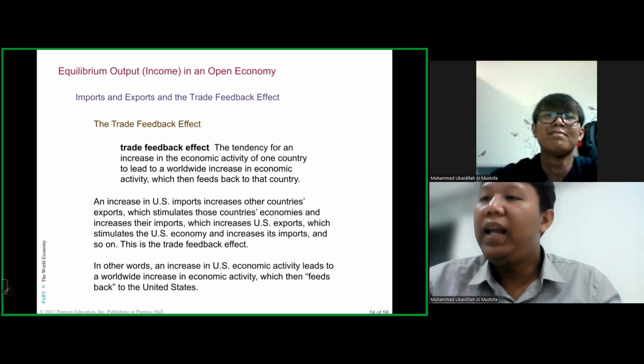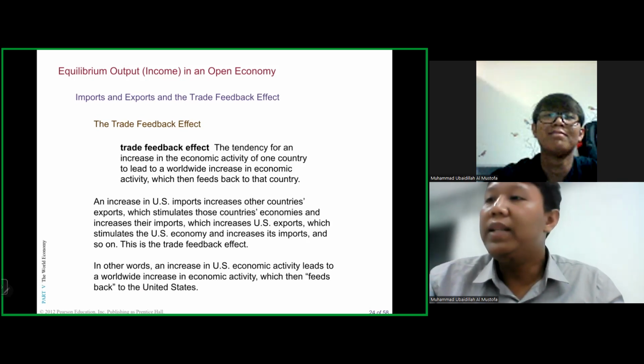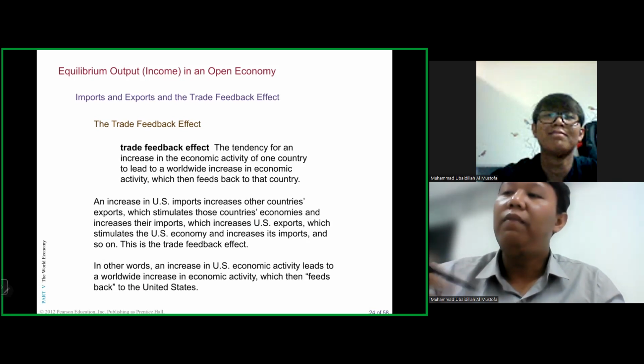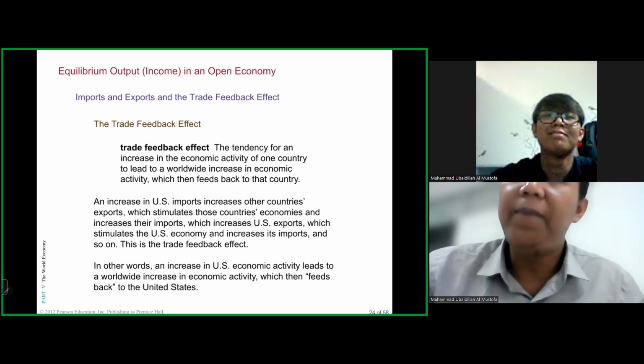So an increase in US imports increases other countries' exports, which stimulates those countries' economies and increases their imports, which increases US exports, which stimulate the US economy and increase its imports, and so on. This trade feedback is called the trade feedback effect.